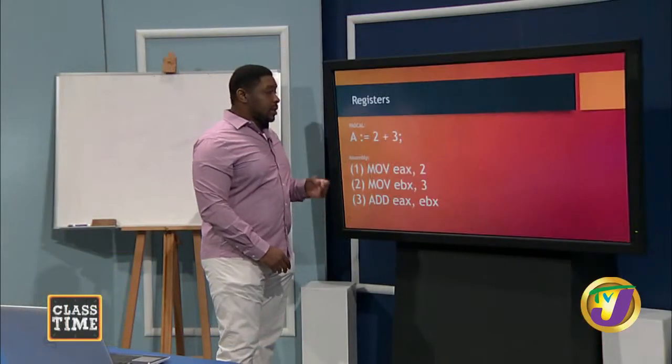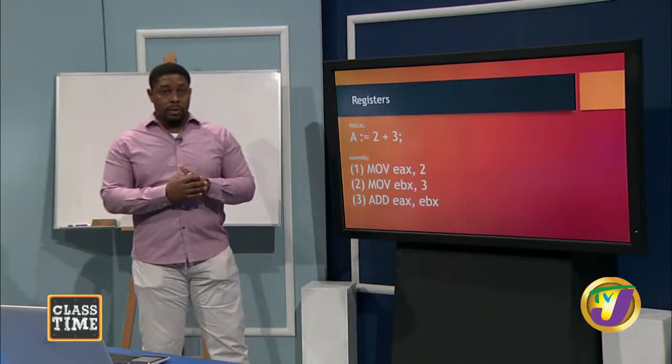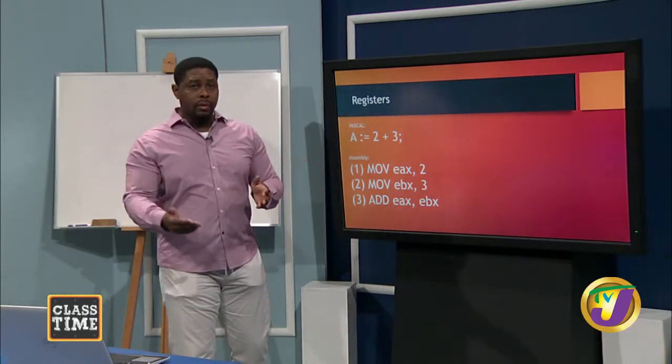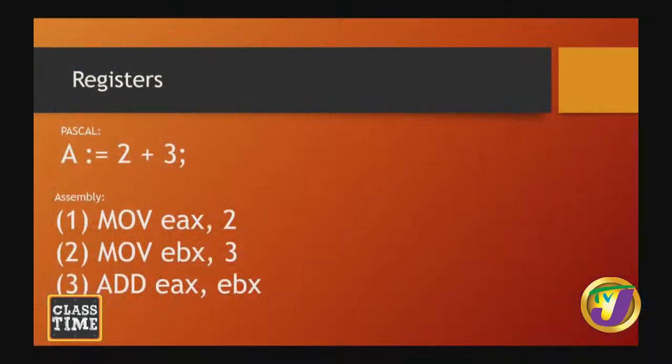To give you a better understanding, let's assume that we're working with a Pascal program. And in this Pascal program, we have a equal 2 plus 3. Well, inside of that Pascal program, after we compile it, the compiler will add some information to it. That addition is basically assembly or other subroutines that are needed to run the program.